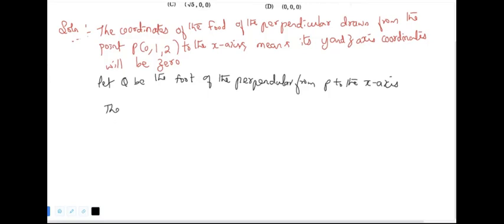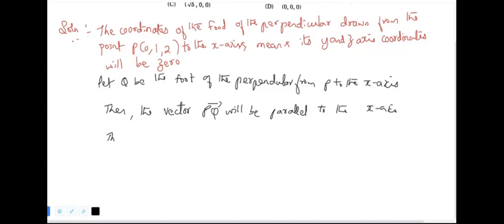Then the vector PQ will be perpendicular to the x-axis. The vector PQ will be given as Q minus P.